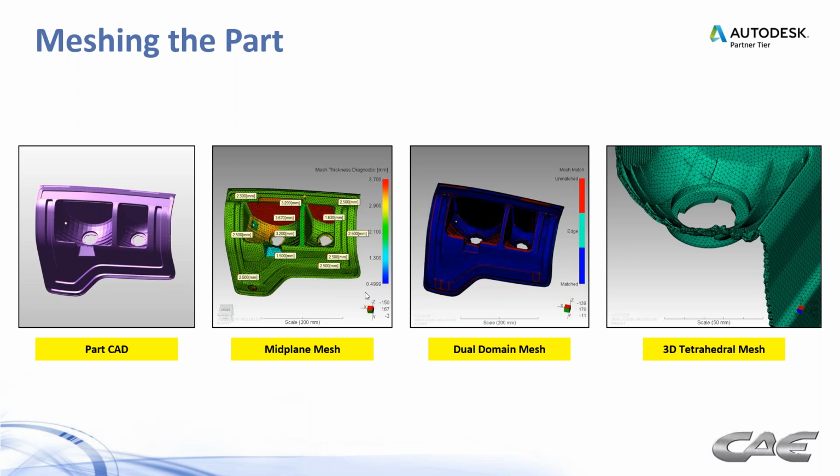So they came up with dual domain mesh, a process where we're actually meshing outer and inner surfaces directly, and then in the background, it uses what I call the buddy system, where it matches mesh from one side of a given wall to the other, figures out the midplane from there, figures out what the wall thickness is, and then essentially runs midplane analysis in disguise, so to speak.